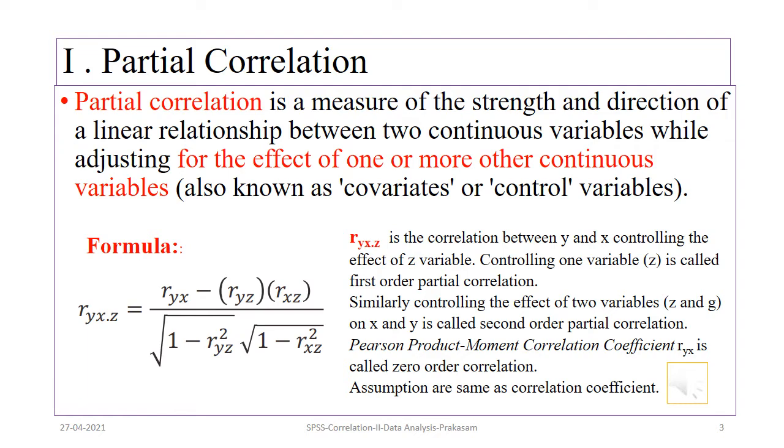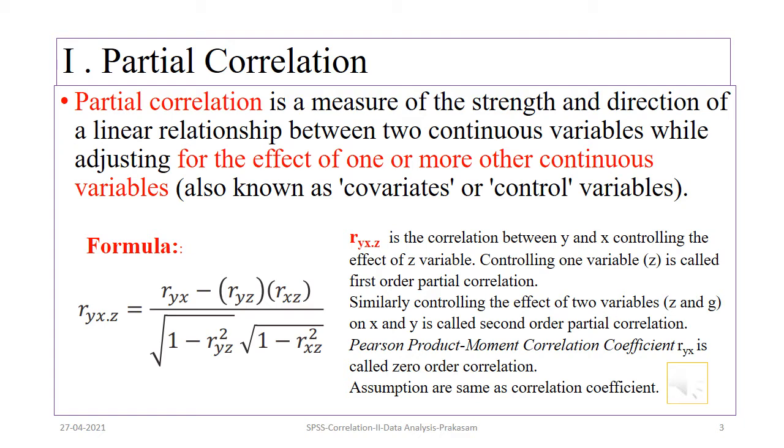If there are three variables, controlling for the third variable, the relation between Y and X controlling for Z is the partial correlation. R_YX dot Z is the correlation between Y and X controlling the effect of the Z variable.